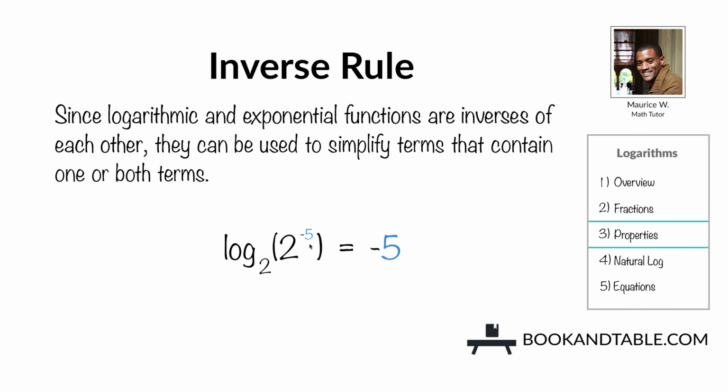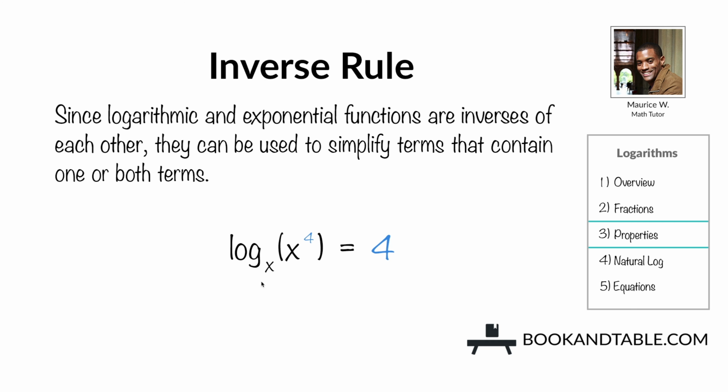If we had a numerical value for the base, such as the log of base 2 of 2 raised to a power of -5, -5 would be the result here, once the log and the exponential base cancel each other out. The base can also be a variable, such as the log of base x of x to the fourth. These cancel each other out, leaving us with the exponent 4.